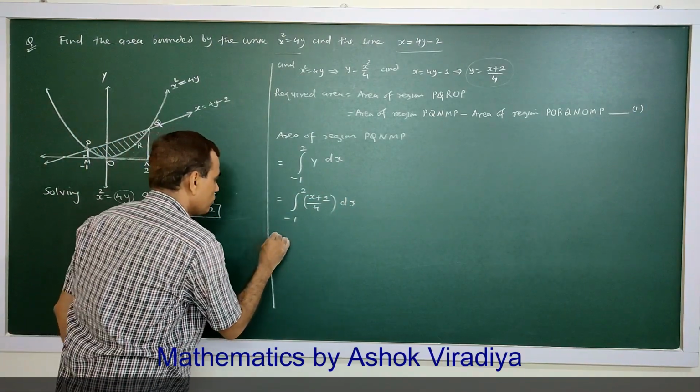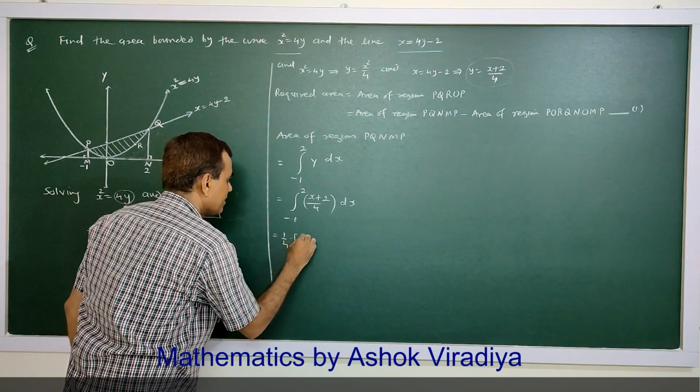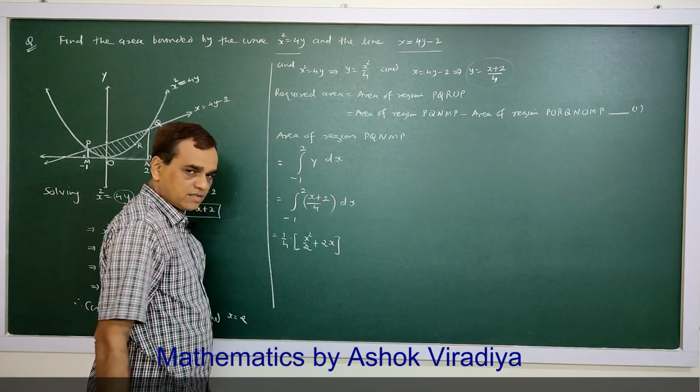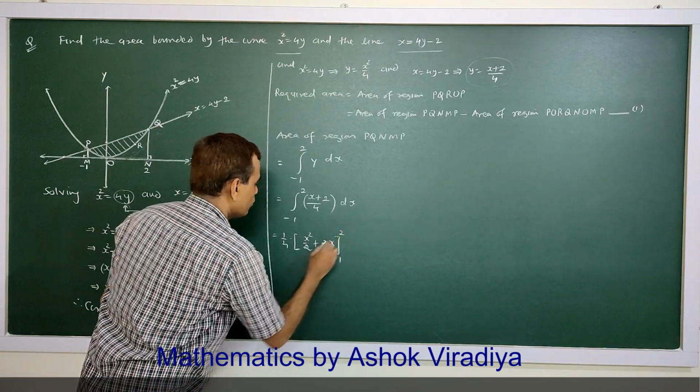It is equal to, taking 1 by 4 outside, x square by 2 plus 2x, from minus 1 to 2.